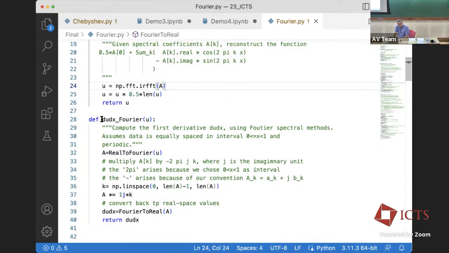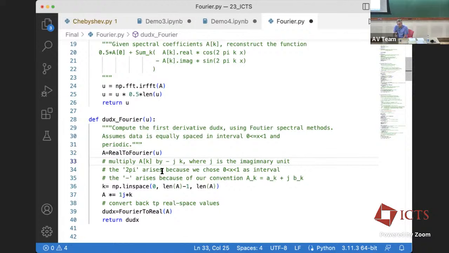The third function was let's take a derivative. So we go from the real space values u to the coefficients a of the sine and cosine expansion, or of the e to the ikj. And when you take derivatives, you have your e to the ikx, and taking the derivative moves down the i times k.